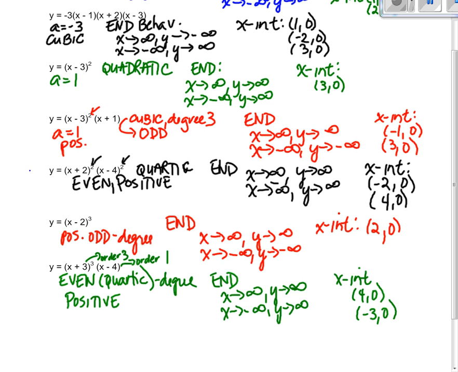If we go to this function that we looked at briefly already, we have two x-intercepts, one at -2 and one at 4. This one is of order 2, and so is this one, order 2. That tells us that there is a turning point on the x-axis at both of those places. Not just a place where the function will pass through the x-axis, there is a turning point.